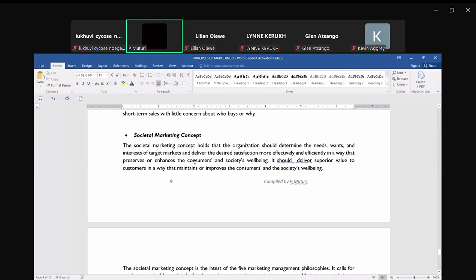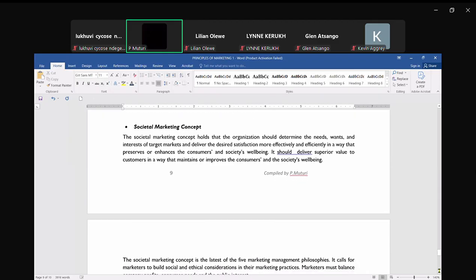So the aspect that is new here from the marketing concept is the issue of doing everything, but still bearing in mind the impact that the activities of the company have on the society.